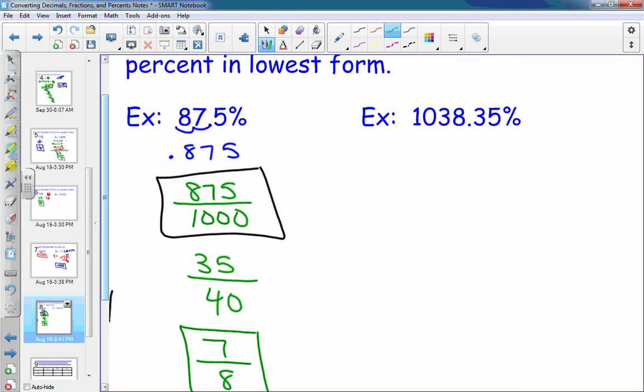Okay, what about this ugly one over here? What do we do first? Take it from a percent to a what? Decimal. So what's this going to be? 10.3835, right? You with me? Now what? I need it to be a fraction.